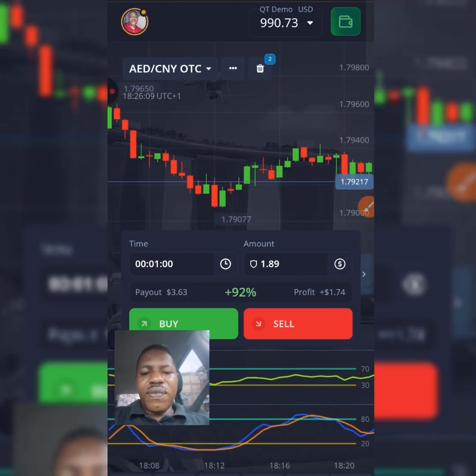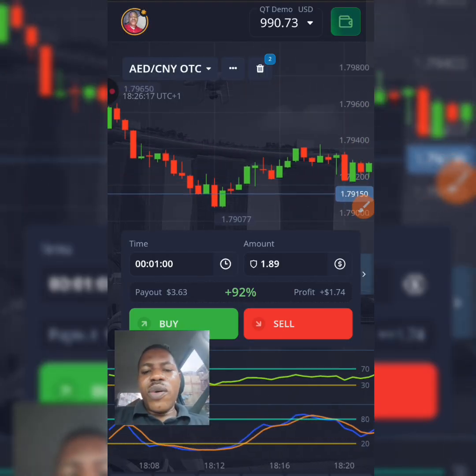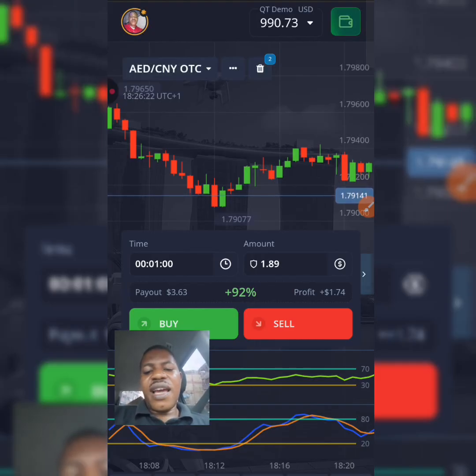Very simple. We are looking at overbought and oversold conditions for both the RSI and the stochastic oscillator.